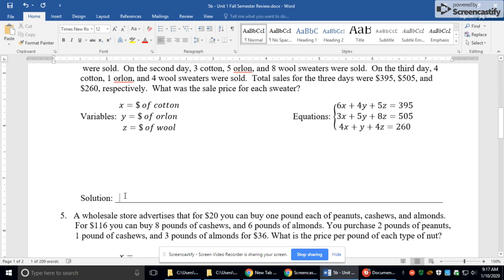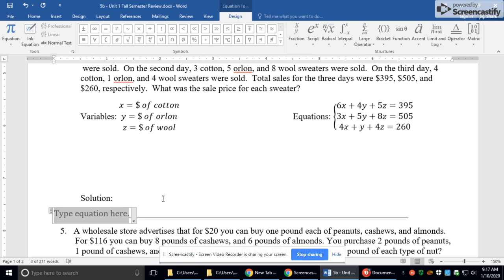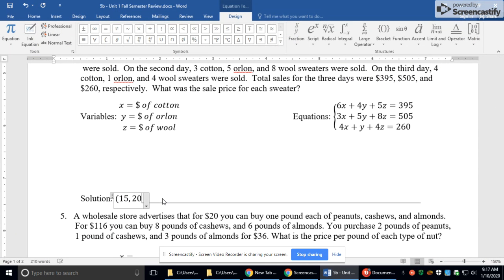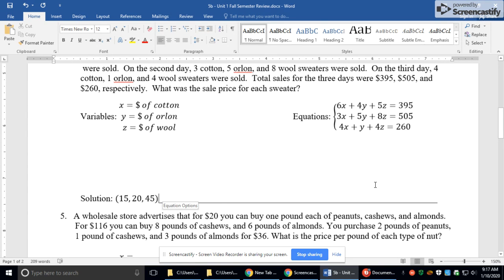I'm just going to write the ordered triple real quick. So 15, 20, 45. Now, what if you're doing a test and it just says like how much was a cotton sweater or whatever?